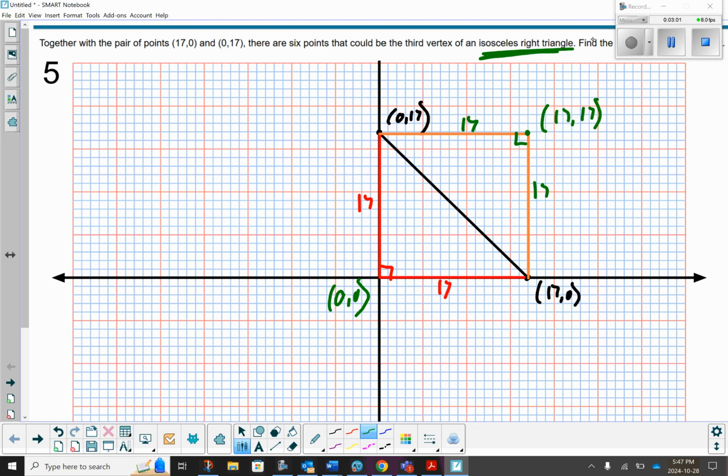The rest of this, that segment has to be one of the legs. But wait, there's more. The length of that has to be the length of the other leg. So, yes, it becomes isosceles.